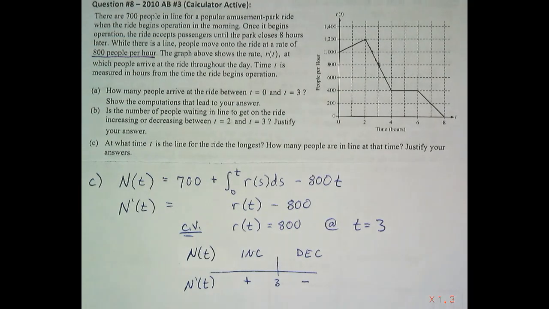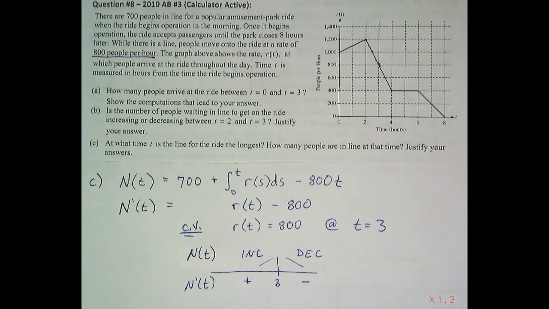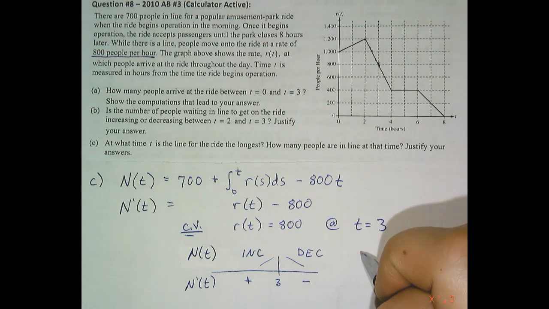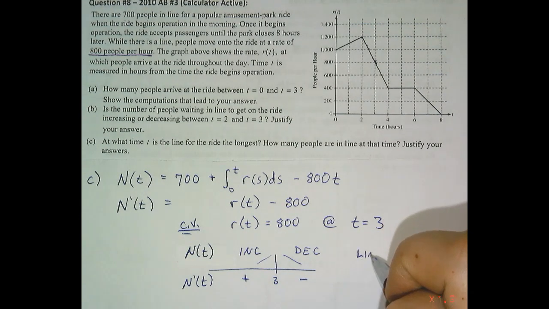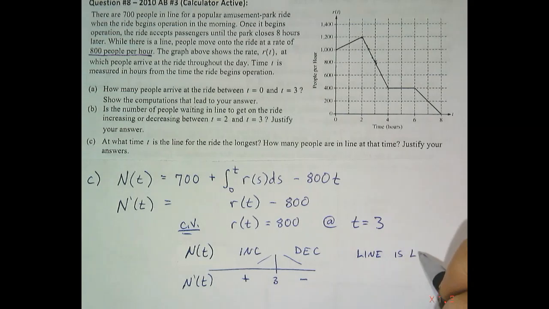Okay? So we know that we've reached a maximum at that point. So the ride line is longest at time 3, at t equals 3.